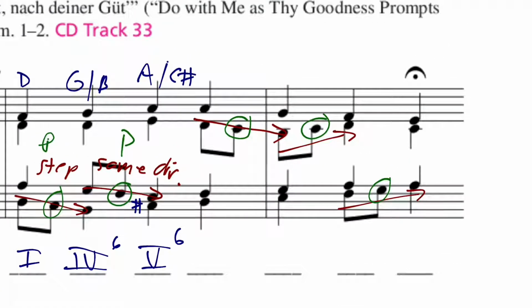Let's write that in there. D, and root position, and so that's a I chord. Notice again it's got this pattern of note going by step. There's no C sharp in the D chord, D, F sharp, A, and it's moving down to the chord tone of this next chord. So it's moving by one note, so it's got to be that passing tone.